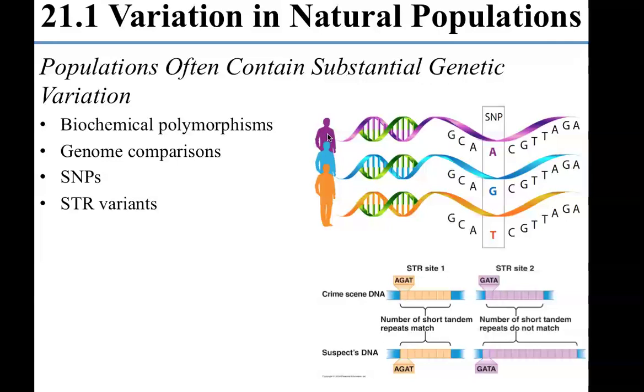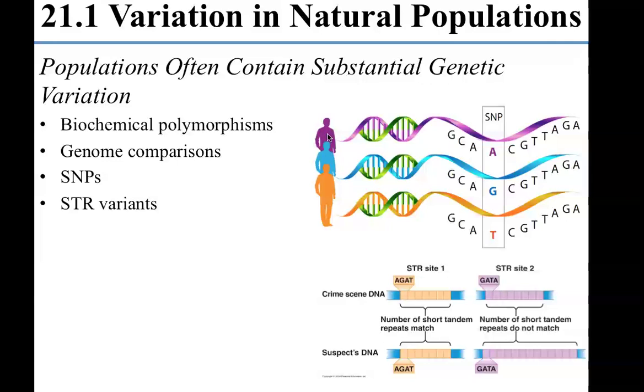This electricity causes it to move through the gel, and they can separate different genes or different proteins based on the molecule's shape or mass or charge. Using this technique, they can look at different polymorphisms of, say, a protein, and then they can figure out the genetic variation at the gene that codes for that protein.